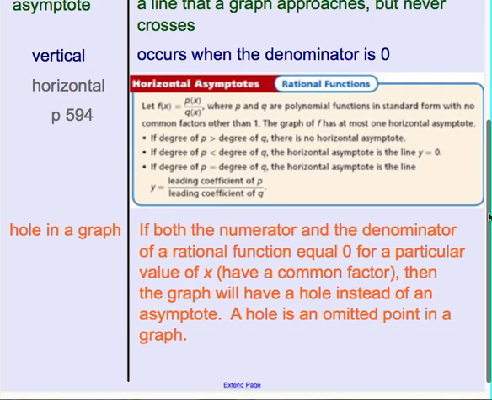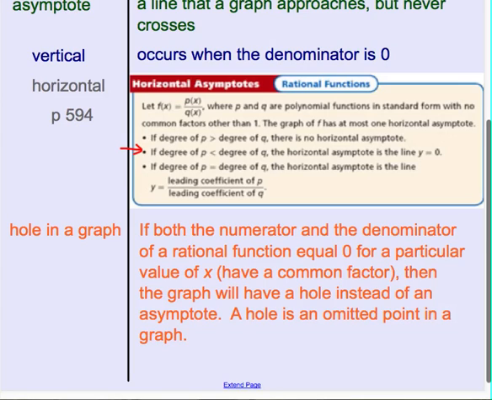It says let f of x equal p of x over q of x, where p and q are polynomial functions in standard form, not factored form, with no common factors other than 1, of course. The graph of f has at most one horizontal asymptote. The way I remember this is by looking at the parent function. If the degree of the numerator is less than the degree of the denominator, the horizontal asymptote is the x-axis, or y equals 0.